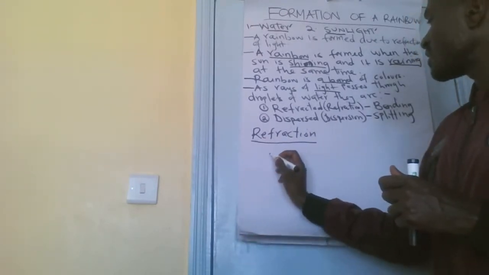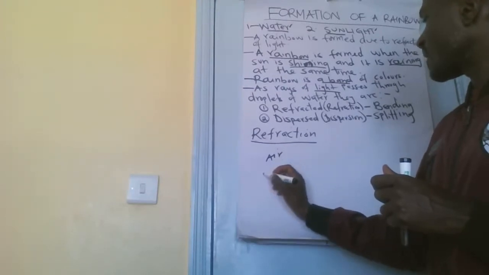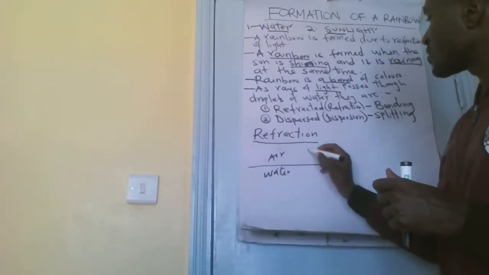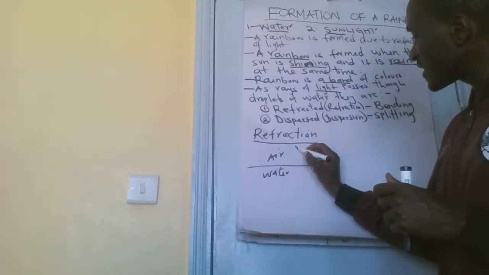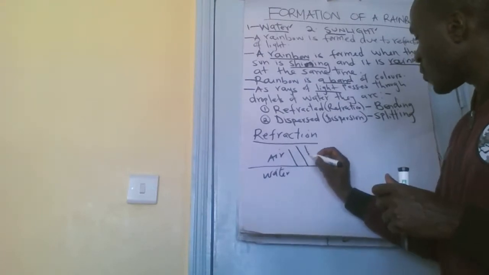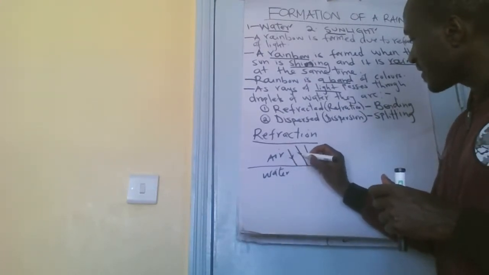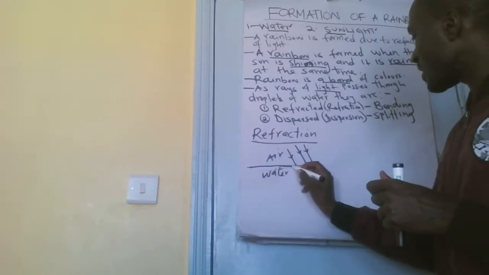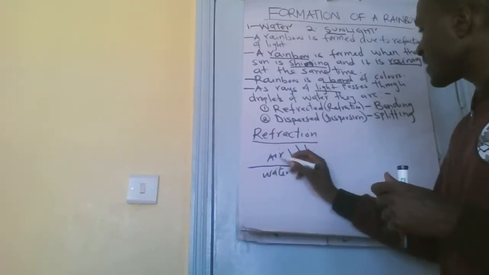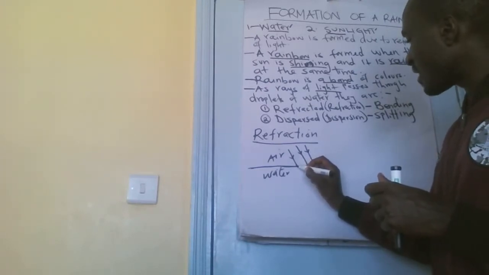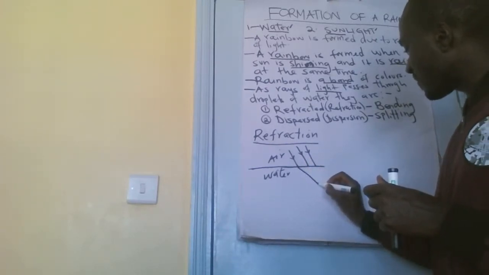Which means if this is air and this is water, as rays of light move from air to water, they change in density because water is denser than air, so the speed reduces and now they bend.